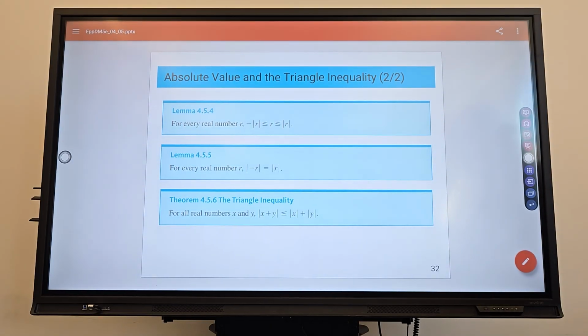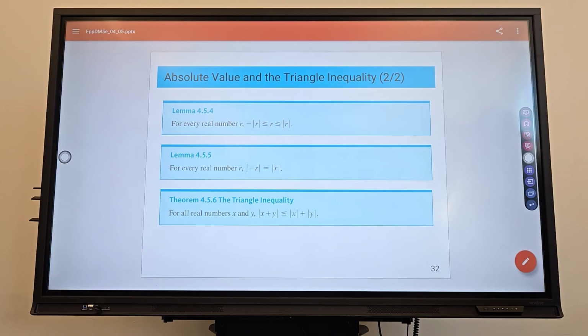Lemma 454. For every real number r, negative absolute value of r is less than or equal to r, which is less than or equal to the absolute value of r.